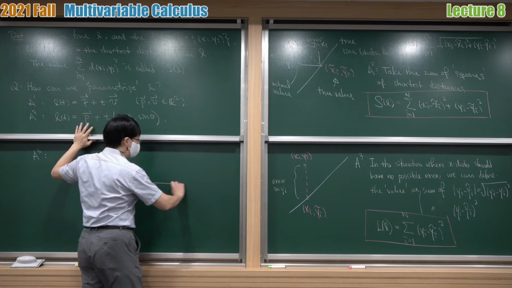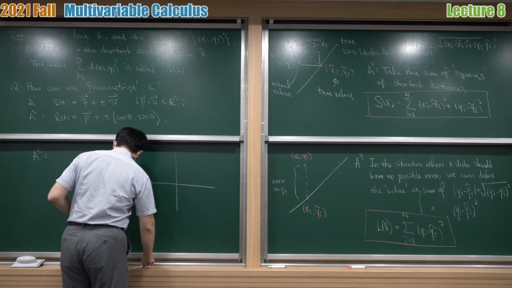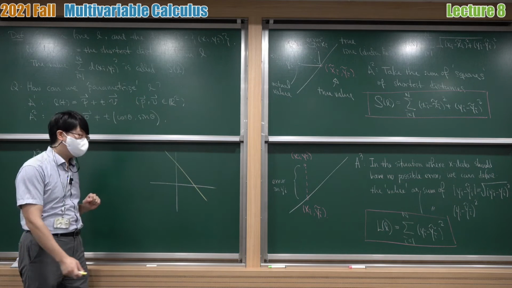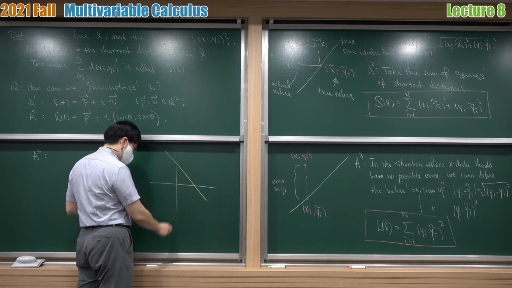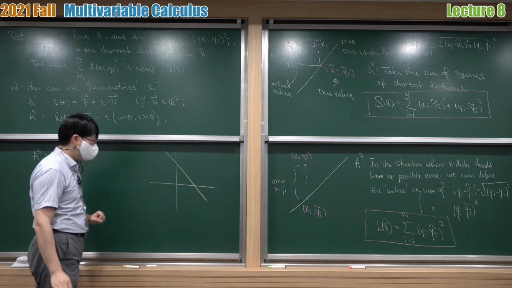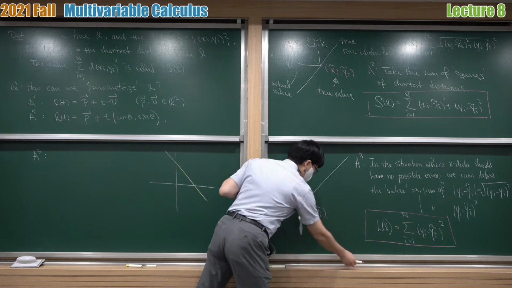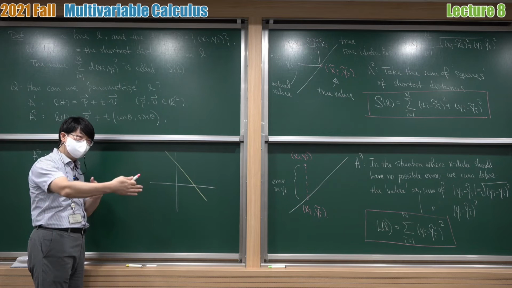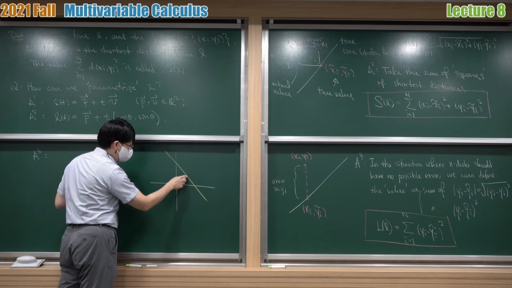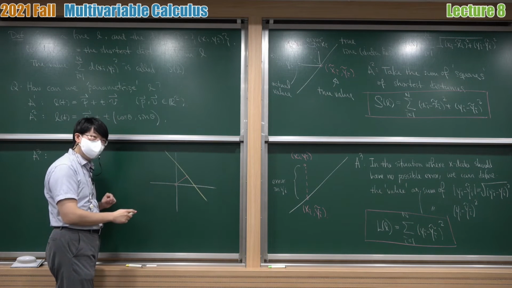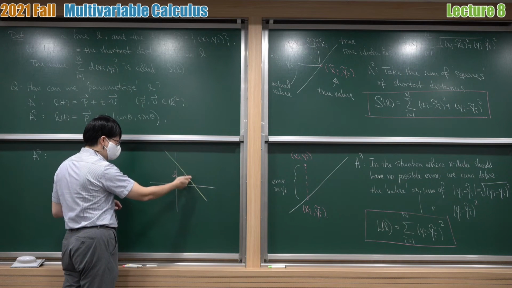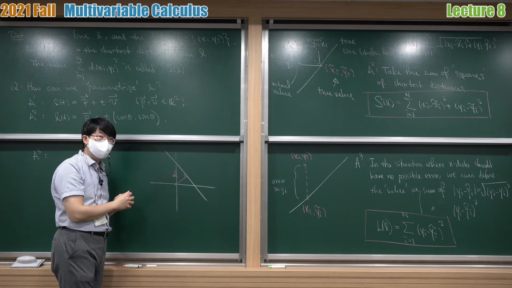Here's a 2-dimensional plane, and let's say you have a line here. To define a line, you need to know how far this line is from the origin, the distance d, and you need to know in which direction this line is pointing.